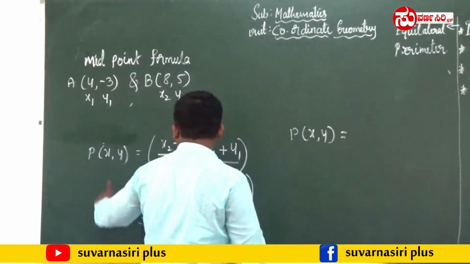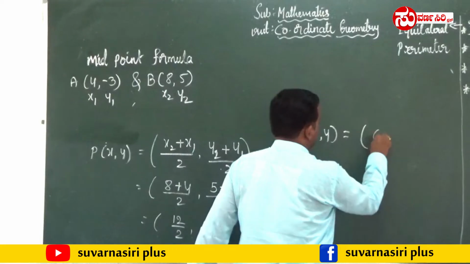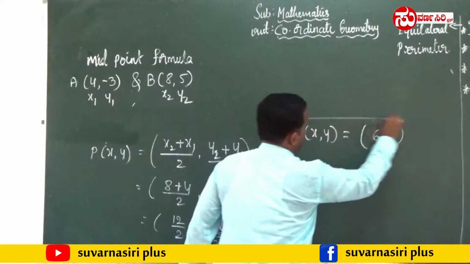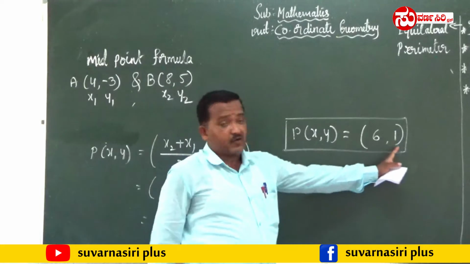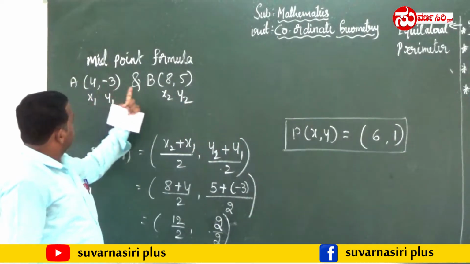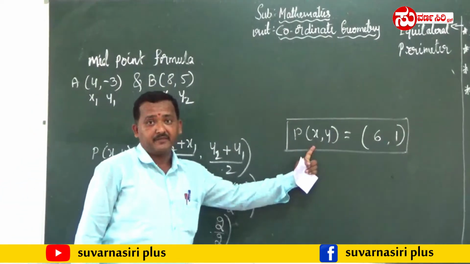So the coordinate of the point P will be (6, 1). 6, 1 is the point which divides the line joining AB exactly in the middle.